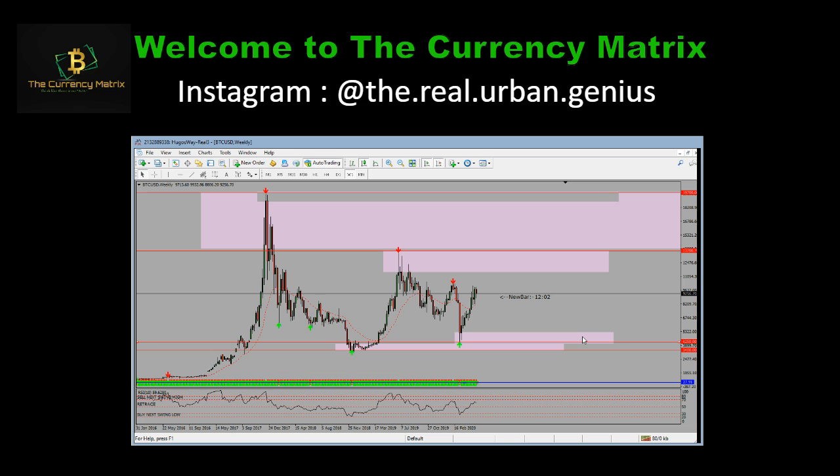If I was to map this out long term, this is the overall lifespan of Bitcoin so far. This is the movement of data.